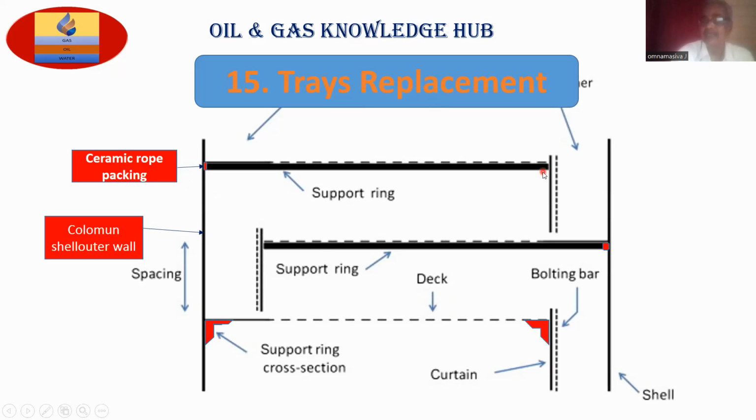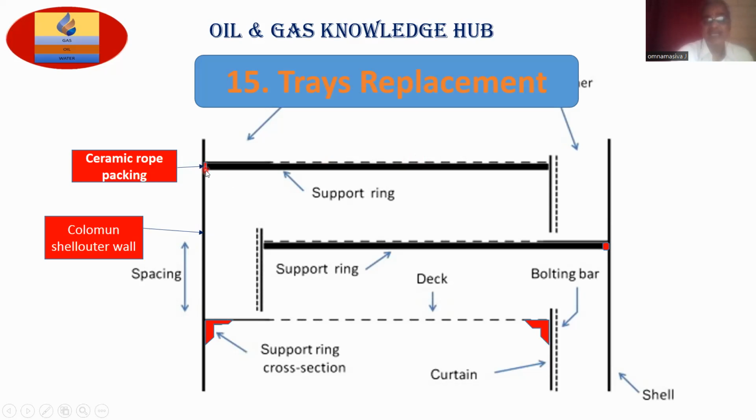What happens once you are installing these trays? There should be a gap between the shell inner wall and the tray, because this is all 400 series material or SS 400 series material inside the column. Thermal expansion and growth will be there. Because of that, the designer will provide a 25 mm gap between the inner shell wall and the tray.